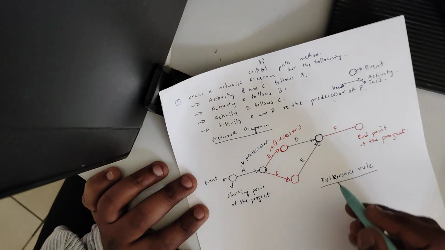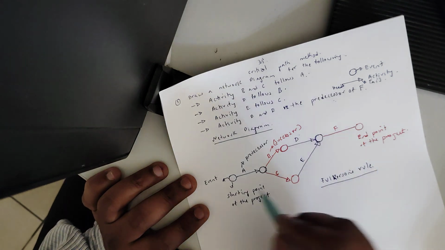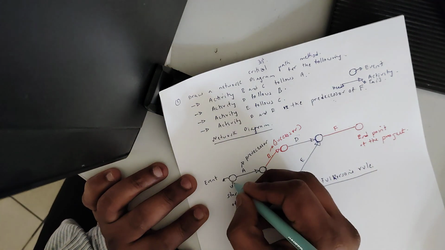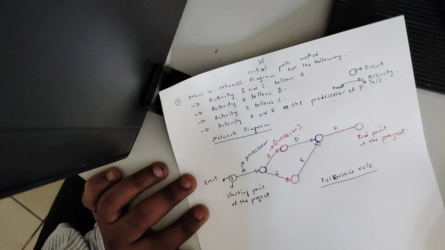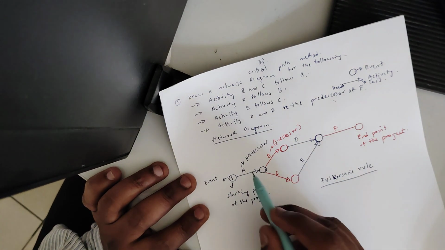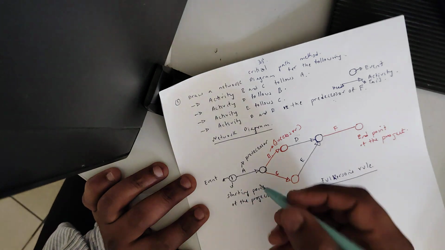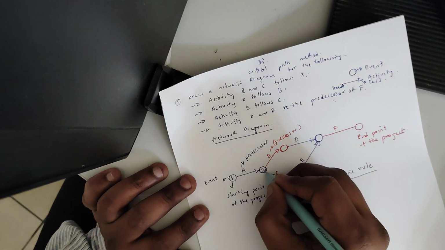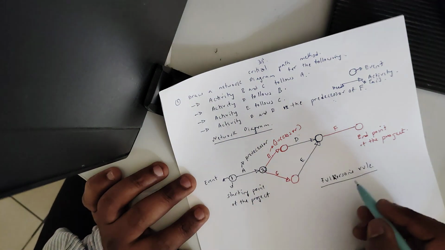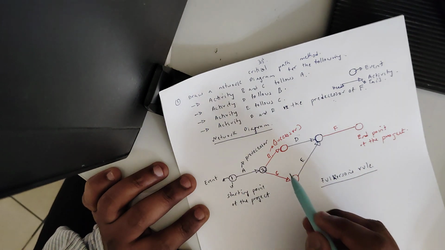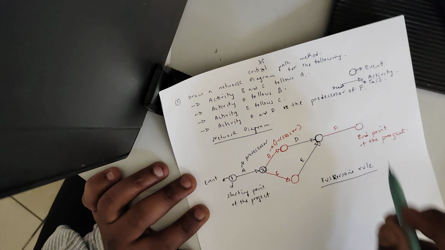Actually this Fulkerson rule is required for naming the events. For example, the starting point of the project is event 1, and after the ending of activity A it becomes 2. So the Fulkerson rule states how to name the events of the network diagram.